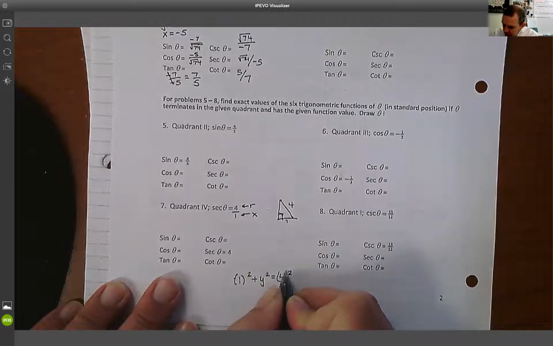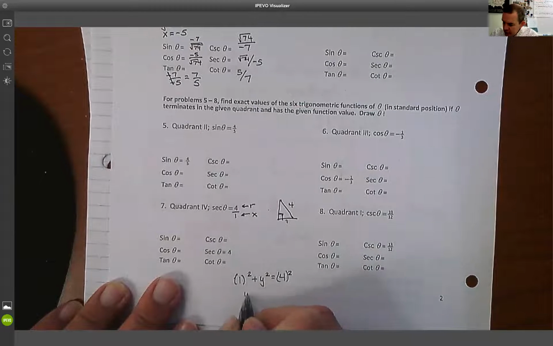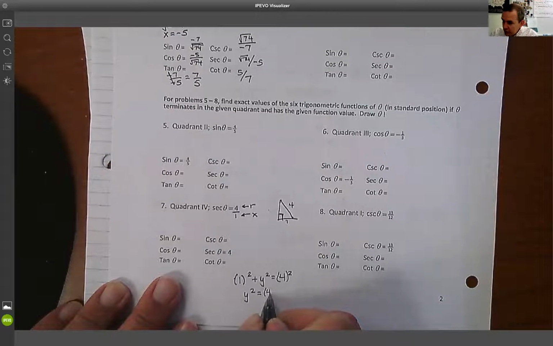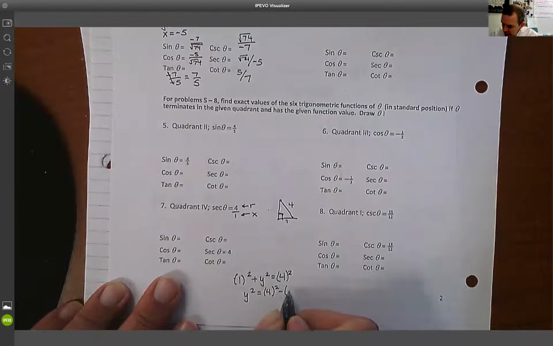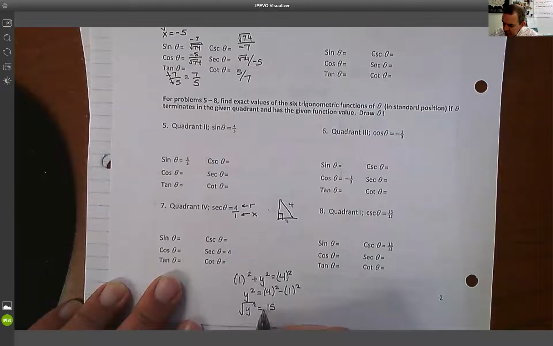Now Y squared equals 4 squared minus 1 squared. So Y squared is going to equal 15. So Y is going to equal the square root of 15.